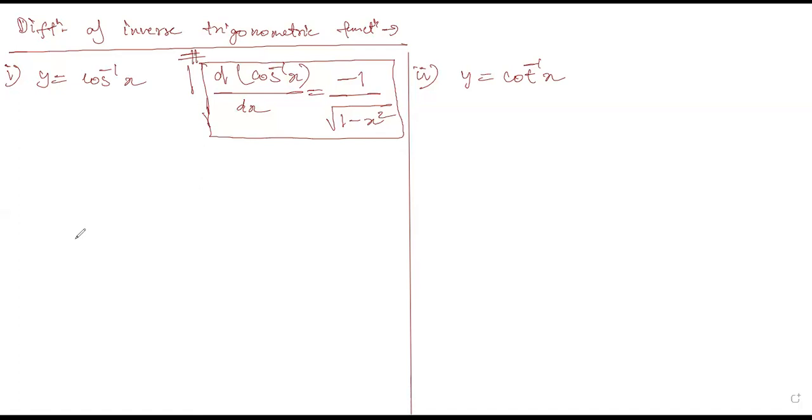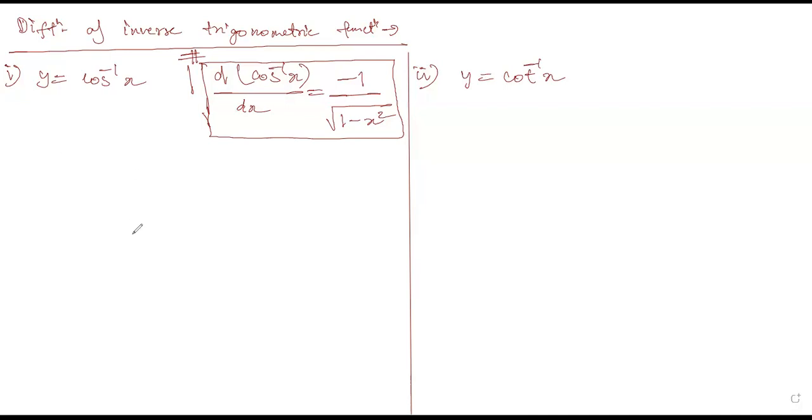But we do know the differentiation of trigonometric functions. So what we do is we go through the process, what we know, and can we modify the given expression in terms of what we know, right? And then differentiate the function. So in this case, y is equal to cos inverse x. We don't know the differentiation of inverse trigonometric function.